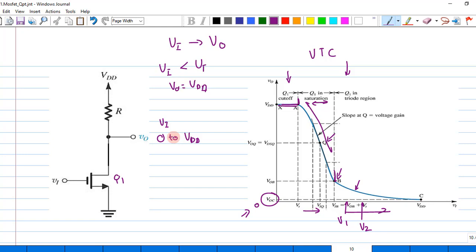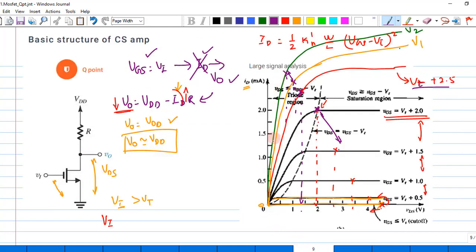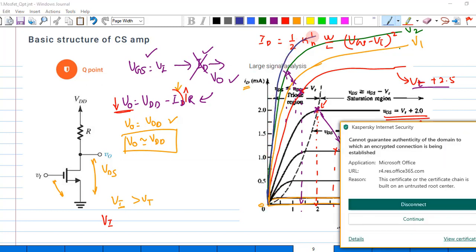The MOSFET is already switched on, and the way that I can see this is by looking at this graph. Say I plot a new curve for a value of Vin that is exactly equal to VDD. That graph will move something like this.